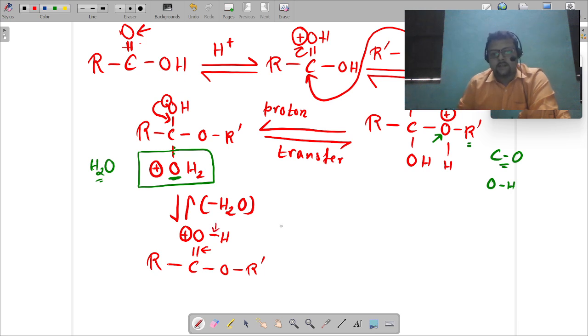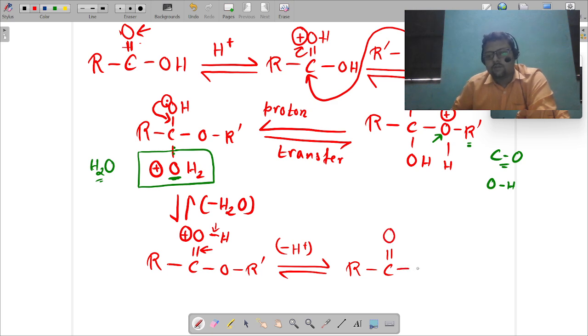Energetically it is more favorable for this oxygen atom to break this OH bond rather than this carbon oxygen double bond, and it certainly does that, and by deprotonation it gets back to its original neutral carbon oxygen double bond scenario.